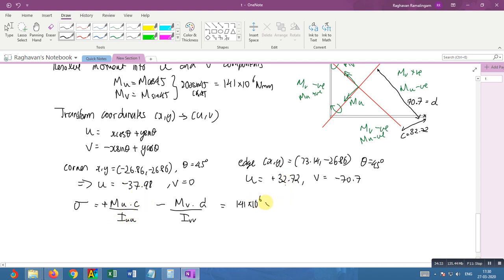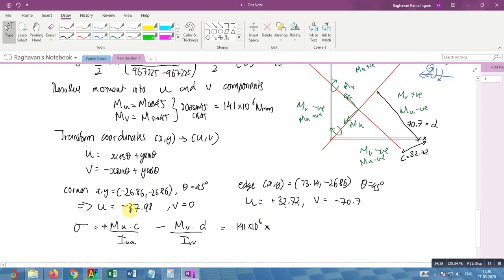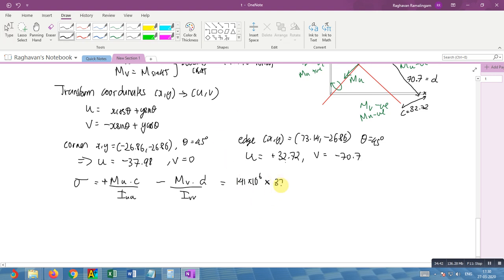So 141 into 10 power 6 into c, and for this case c is 37.98, divided by Iuu, which is 1546080. Mu should go with d and mv should go with c, because d is perpendicular to u and c is perpendicular to v.